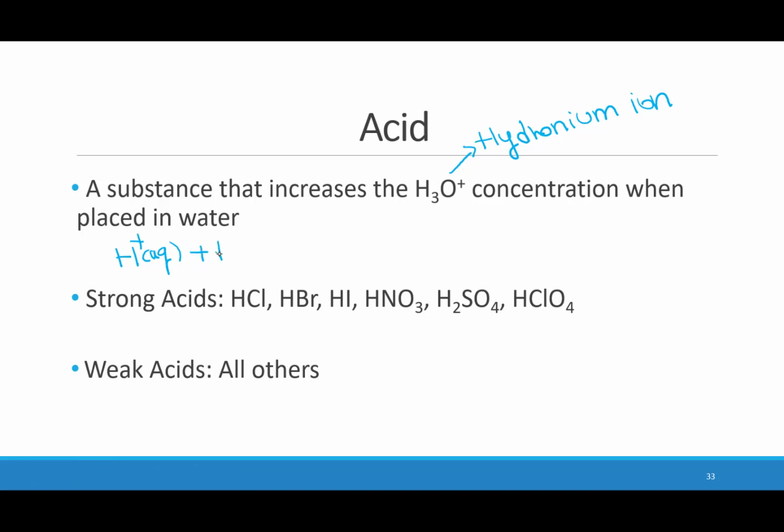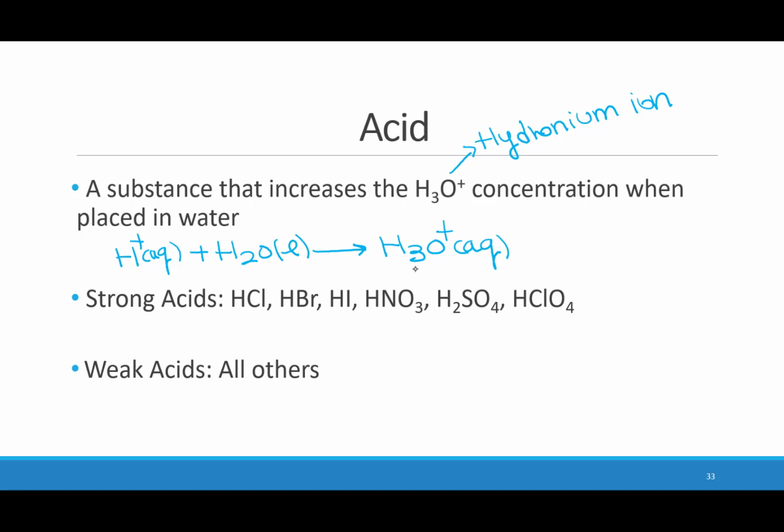Then it reacts with liquid water and it produces hydronium ion. Then if you plan on taking 180 and 185, the department requires you guys to refer to hydrogen ion as in hydronium ion. It's not wrong. A lot of other places they refer to it as hydrogen ion, but for our department you have to refer to it as hydronium ion, which is H3O+.